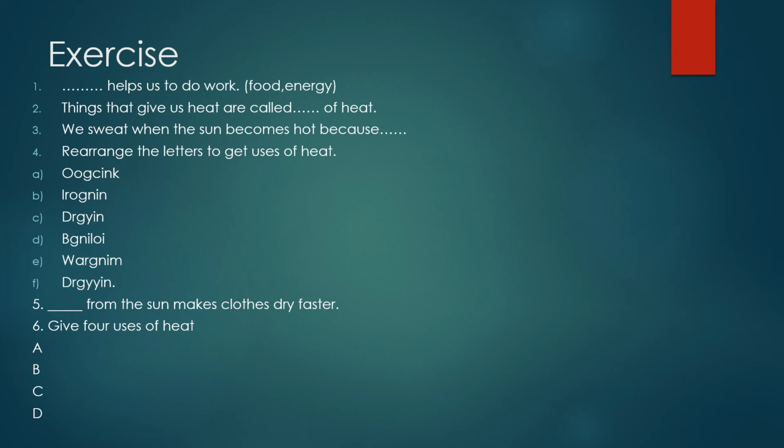We boil foods like potatoes, yams, and cassavas. Then we have E, which is W, A, R, G, N, I, M. It will make the word warming. Warming is also a use of heat.